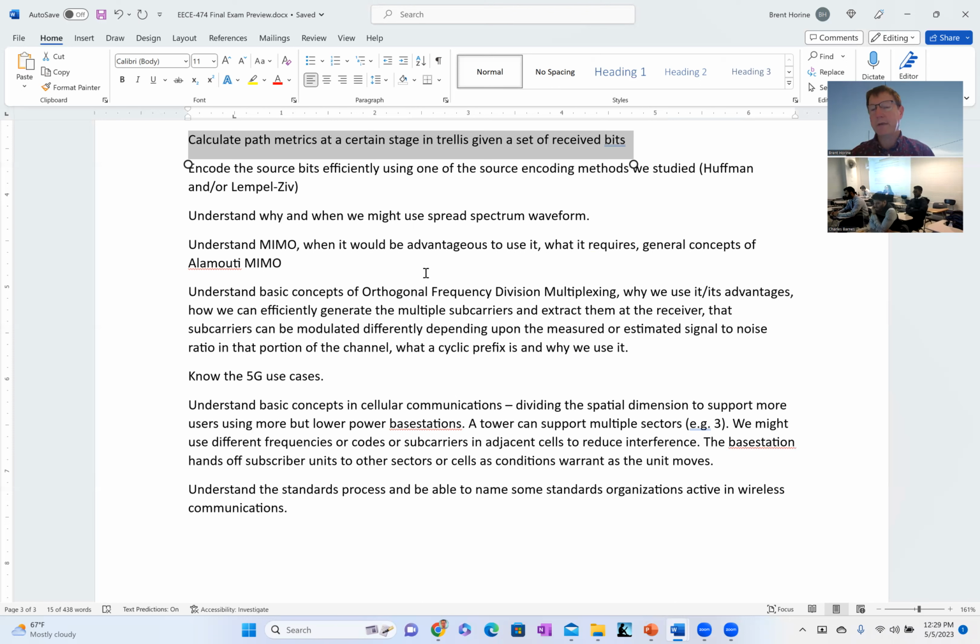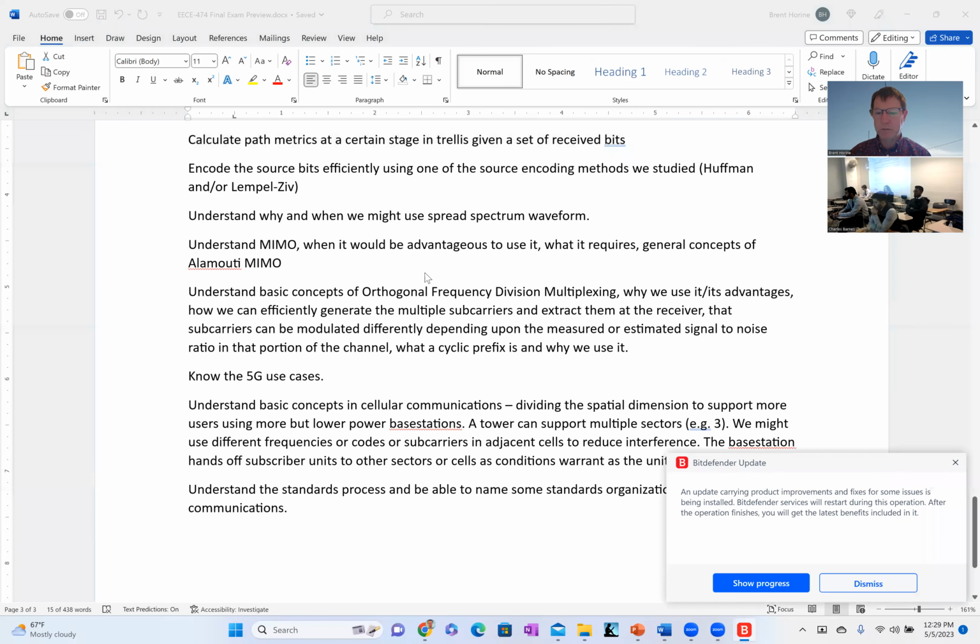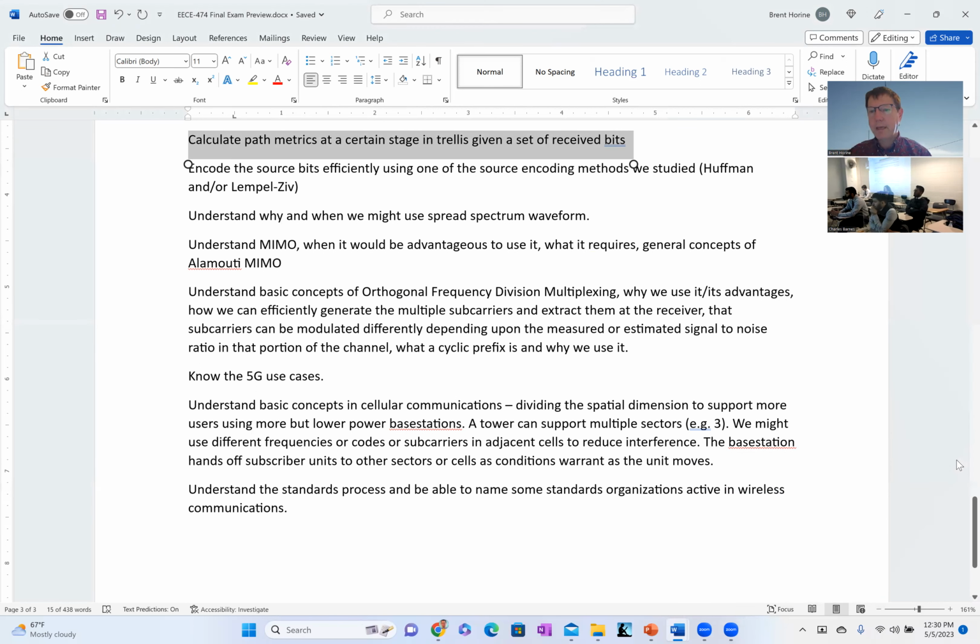But if we spread, and we talked about using frequency hopping to either slowly or quickly hop from one frequency to another, then it makes it harder for a narrowband signal to interfere with us, right? So in slow hopping, we might send a whole symbol or a few symbols at a time in a particular channel.